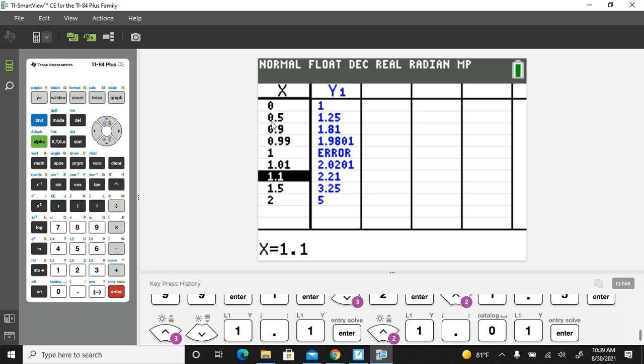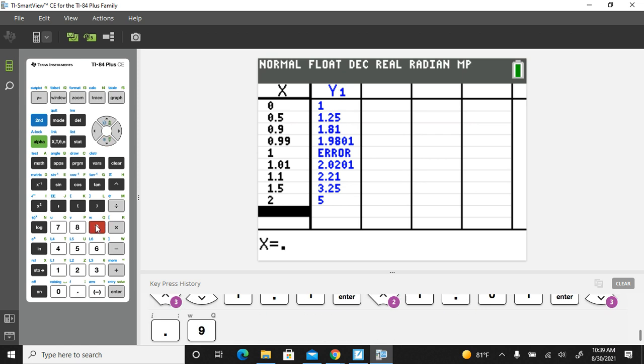As my x value approaches 1 from the left-hand side, meaning in terms of a number line, coming from the left, what does my y value appear to get closer and closer to? 2, again. What about as I start at 2 from the right and keep getting closer and closer to 1? What do I get really close to? 2.